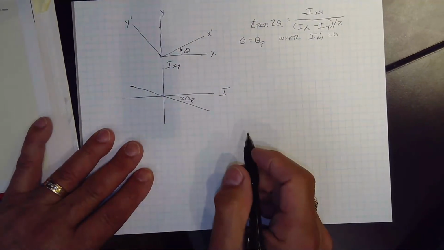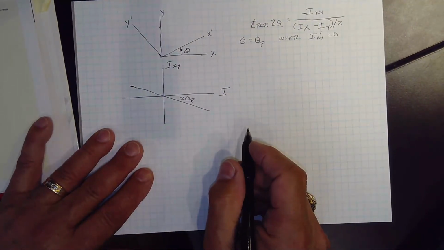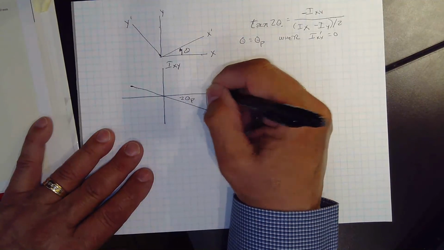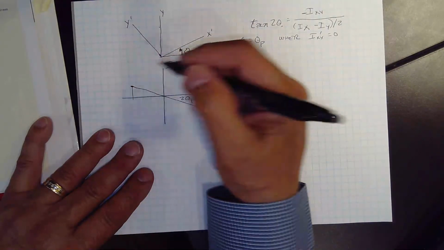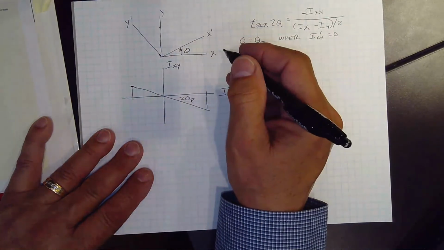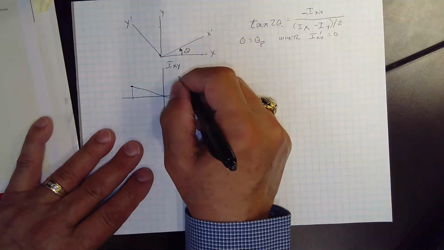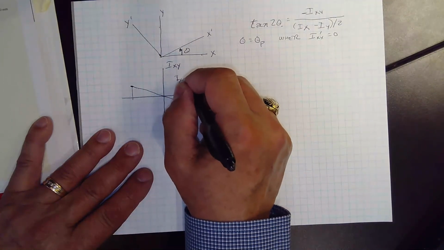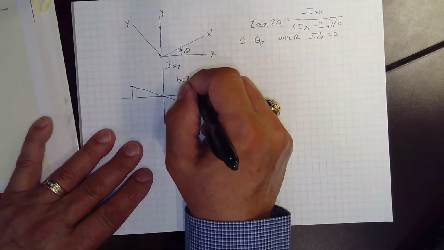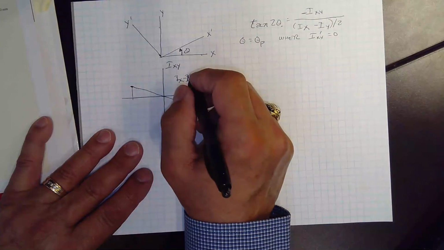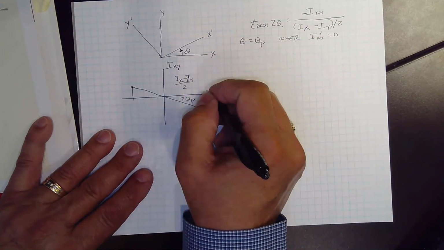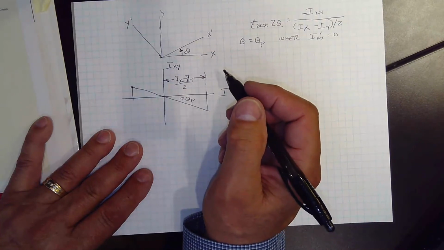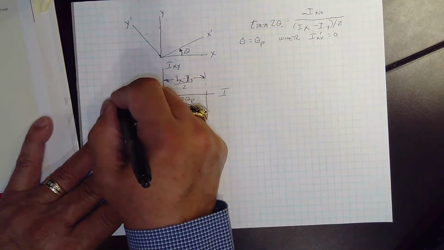All right, we can define this location. This is going to come back to haunt us when we talk about Mohr's circle, so you may as well learn it now. This distance from here to here is (Ix minus Iy) over 2, and this is Ixy.